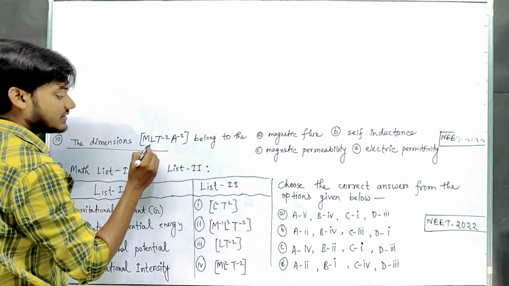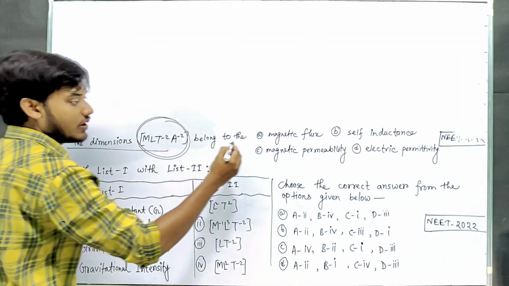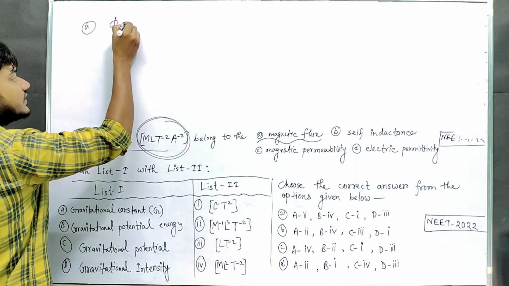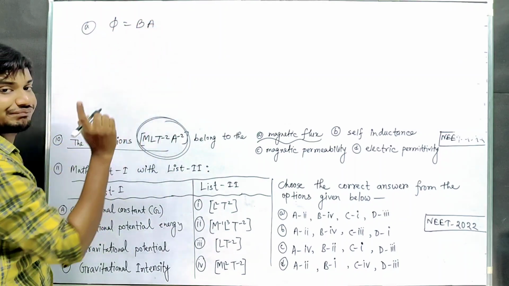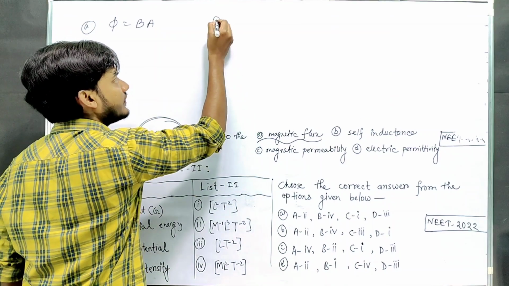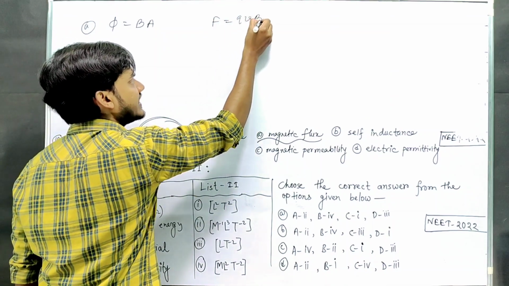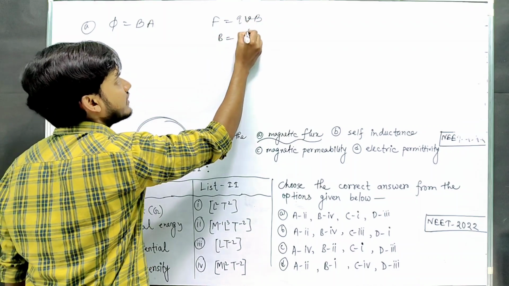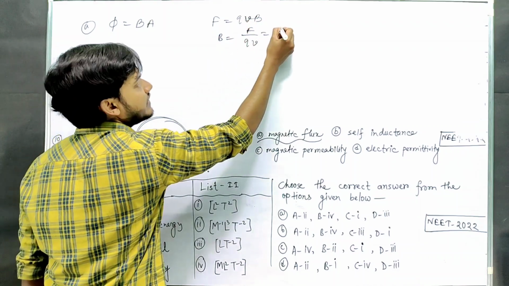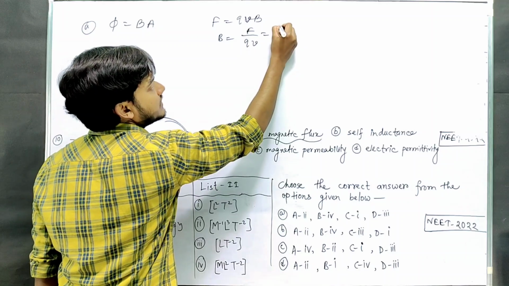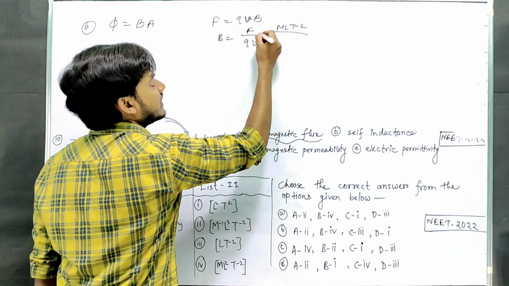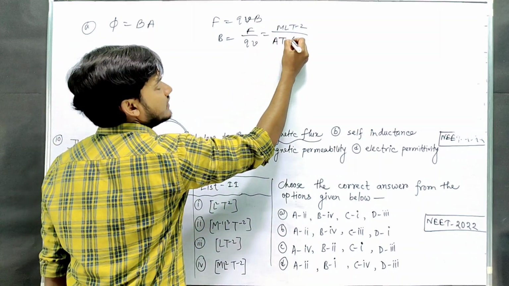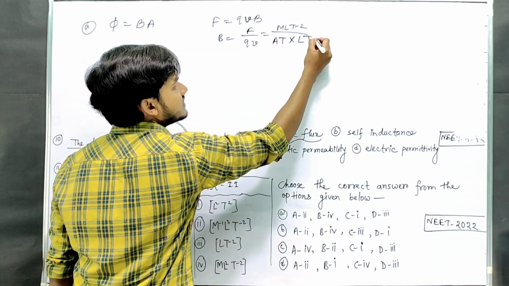Let's check the four options. Magnetic flux phi equals B A. We know F equals Q V B sin theta. Sin theta is unitless, so we can write B equals F by Q V. F has dimension M L T inverse 2, Q means I T, here A T, and V means L T inverse.